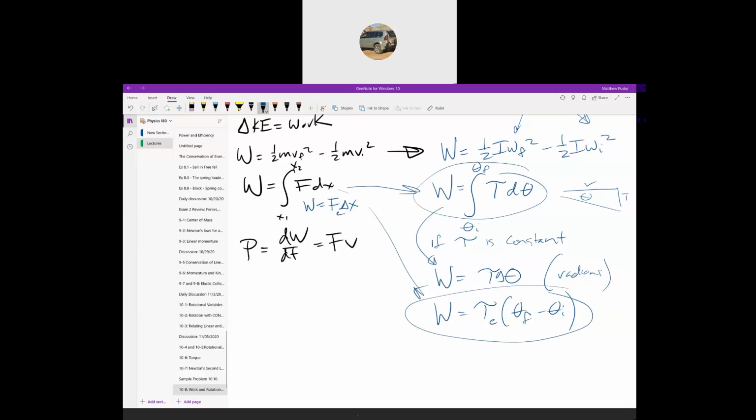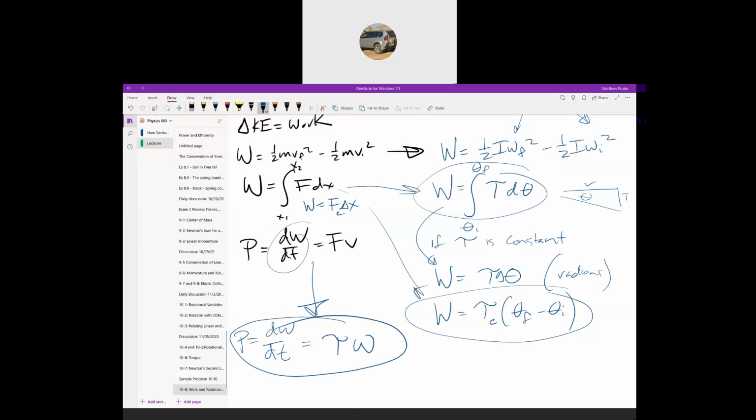Okay, one more. We can take this power definition, and the work part doesn't change. Power is still equal to the change in work with respect to time, dW/dt. But instead of F times v, it's going to be torque times the angular velocity.